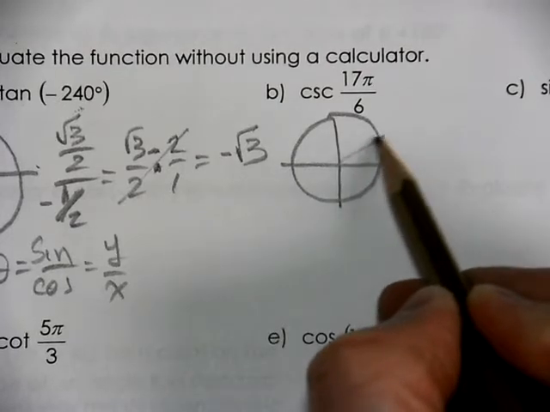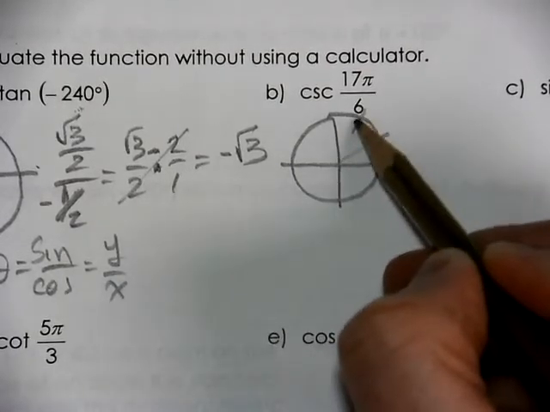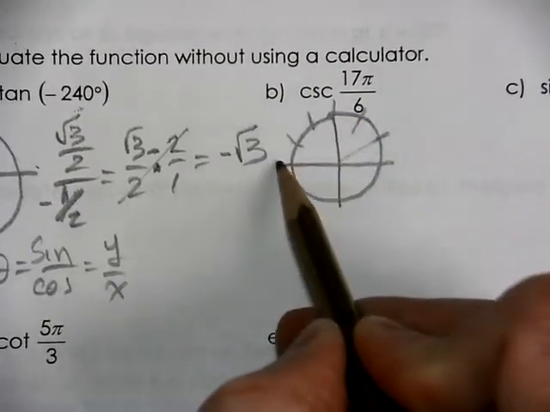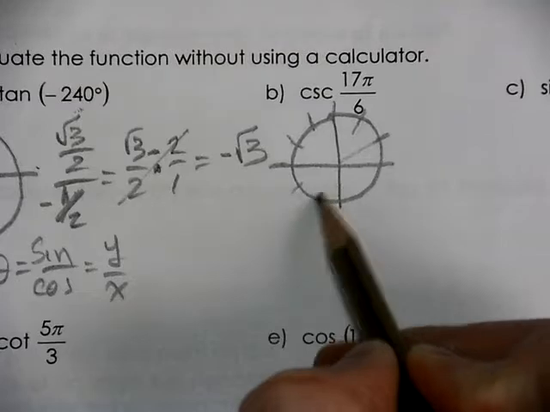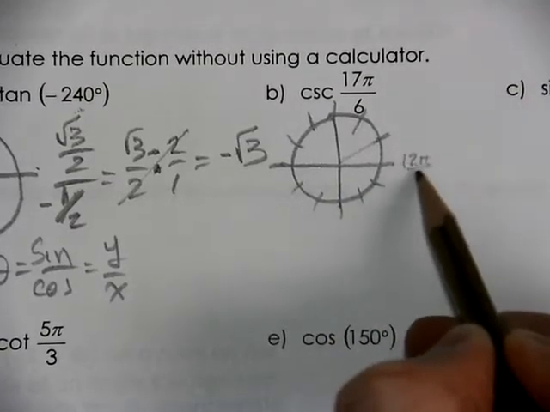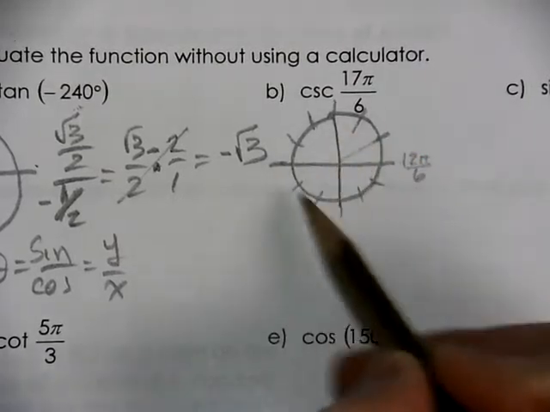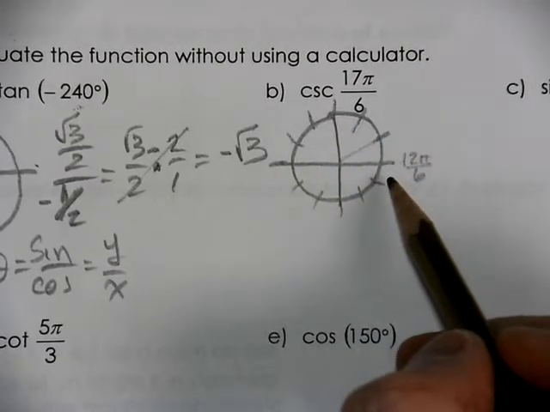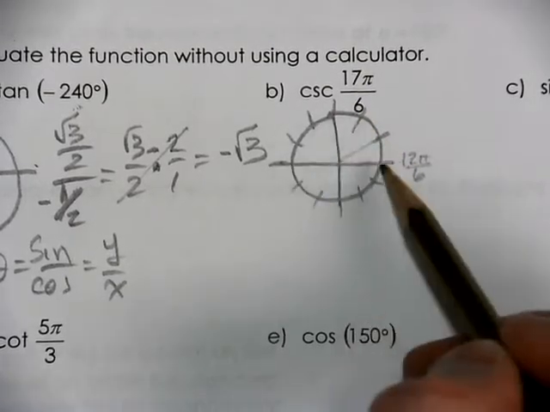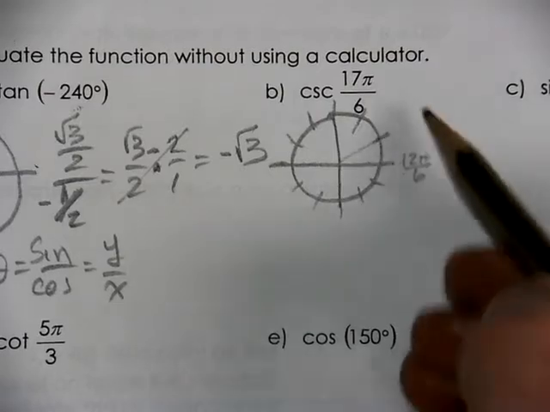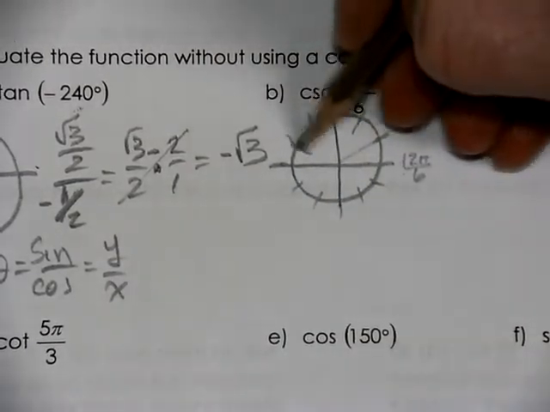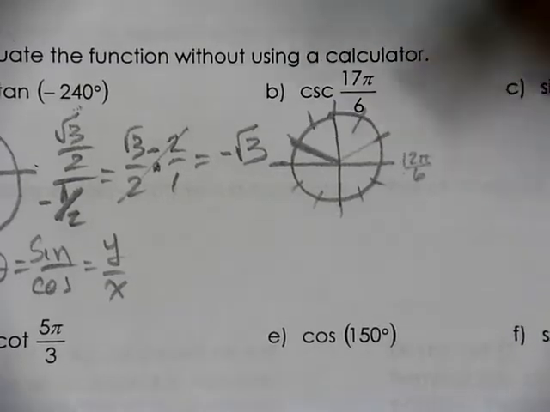So I know that 1/6, and then 2/6, 3/6, 4/6, and 5/6, 6, 7, 8, 9, 10, 11, 12 pi over 6 would be all the way back in a full circle. So the quick way is just to notice that this is larger than 12 over 6, and you can just start from 12. Then you have 13, 14, 15, 16, and 17. 17 is pointing over in that direction.